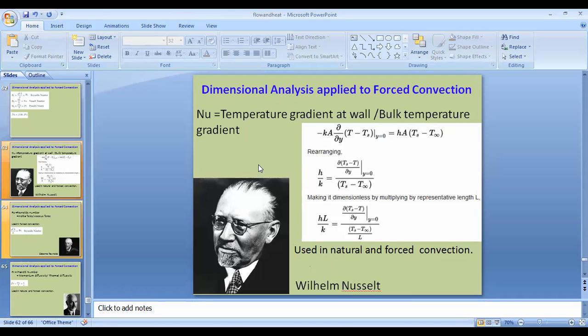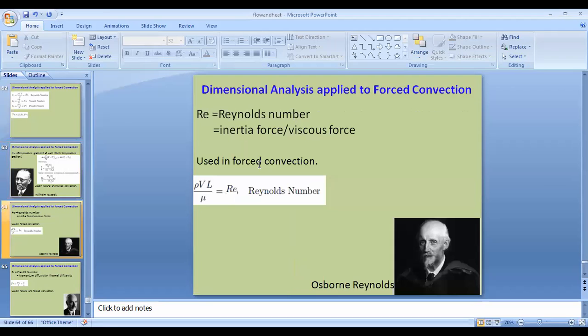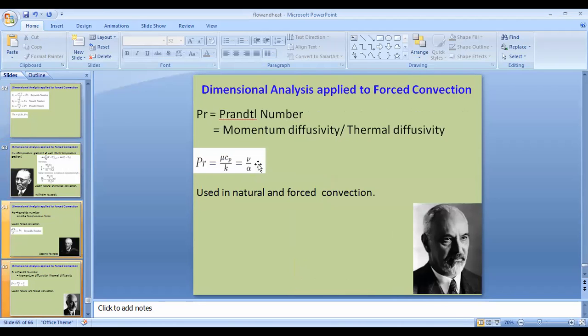Reynolds number tells us whether the flow is laminar or turbulent for forced convection, and the Rayleigh number tells us whether the flow is laminar or turbulent for natural convection.